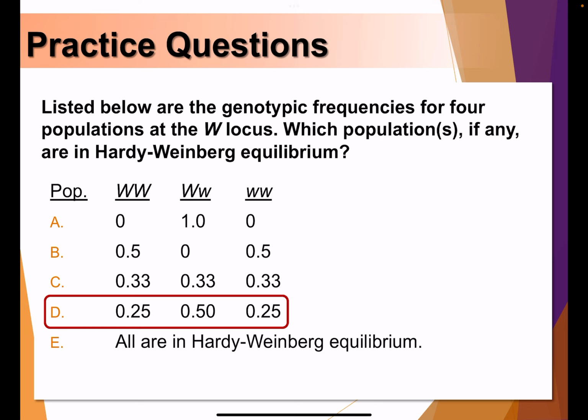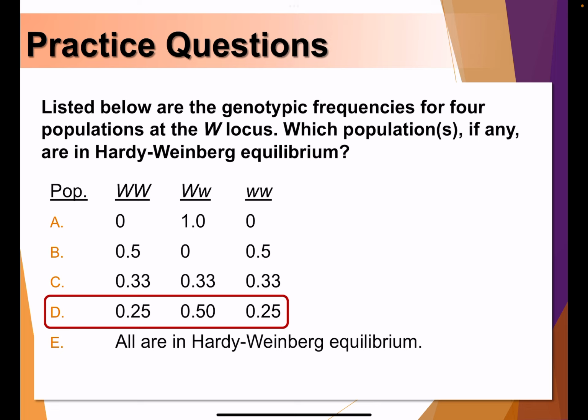D: 0.25 for WW, homozygous dominant, then 0.50 for heterozygous, and 0.25 for homozygous recessive. So WW is equal to p squared, because p squared is equivalent to the genotype for homozygous dominance. So p squared is equal to 0.25.